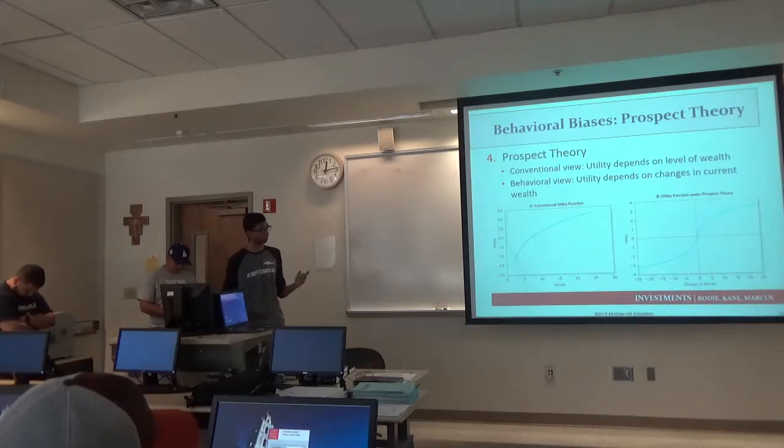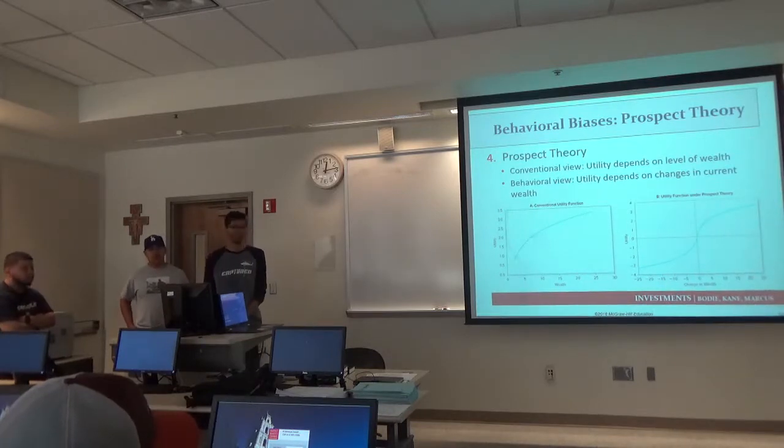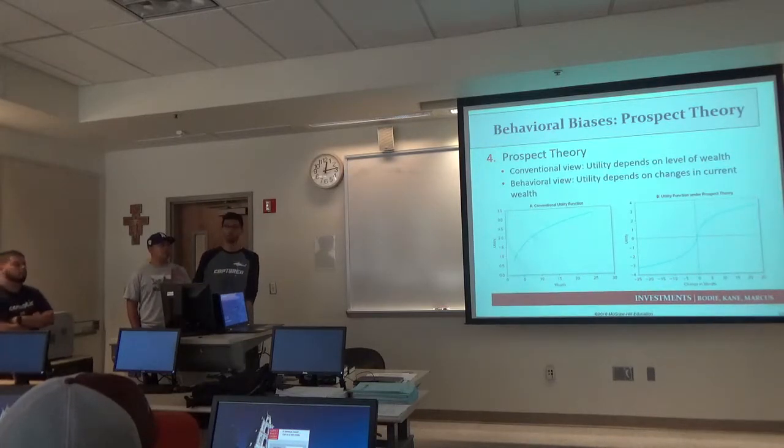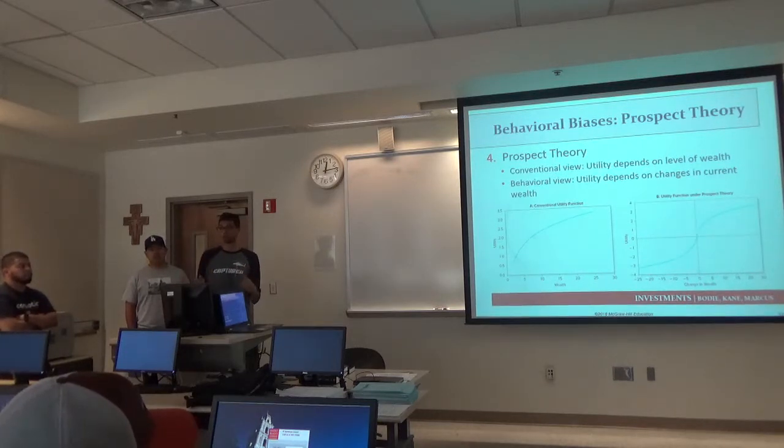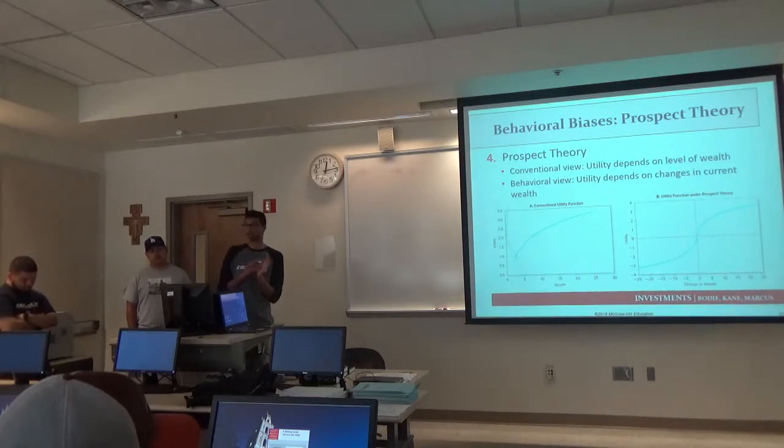If you're level-headed and you make investment decisions based on pure data, you can be in the top right corner. Versus if your wealth has seen a monthly or quarterly loss, and you're changing your investment decisions based on the specific change in wealth that you're seeing during that time, you'll be in the bottom left corner.